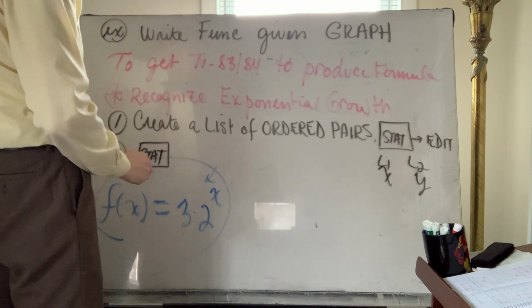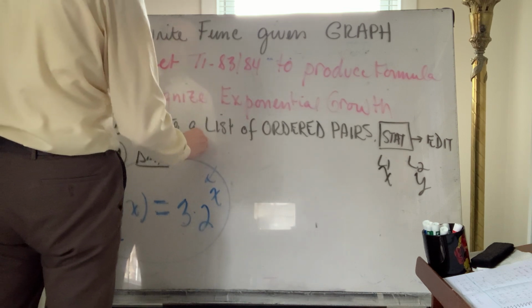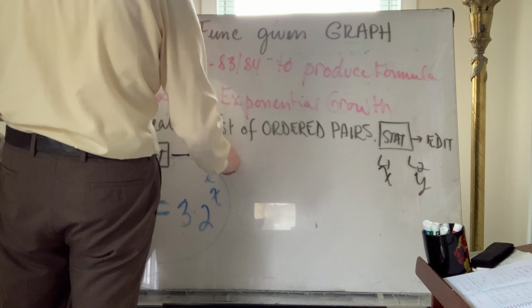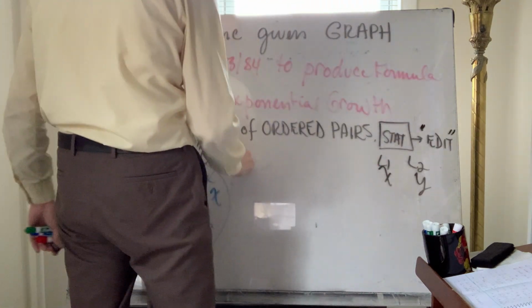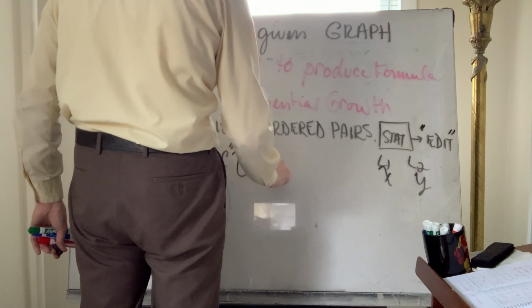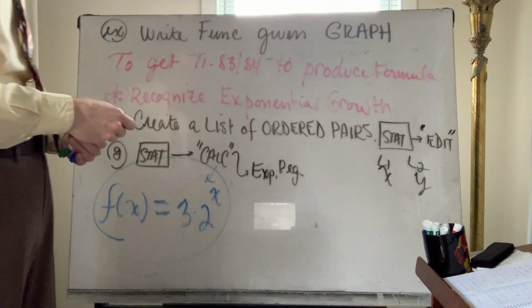Then scroll over to Calc. And then go down the list where it says exponential regression. It'll give you the information.